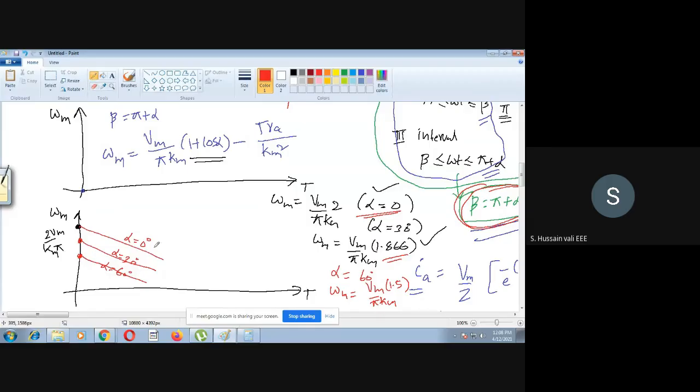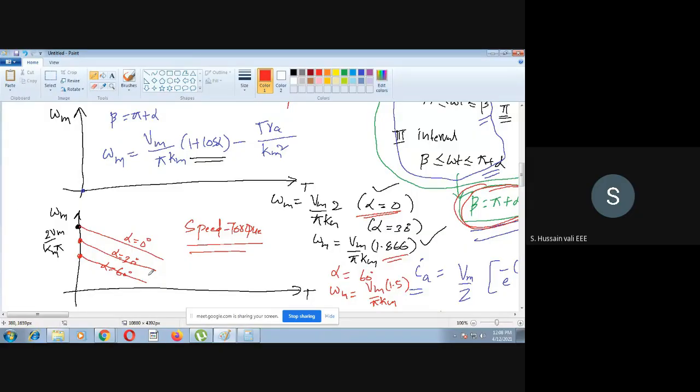Okay, so these are the different graphs between omega and T for different values of alpha. This is the speed torque characteristics of the single phase semi-controlled converter fed separately excited DC motor.